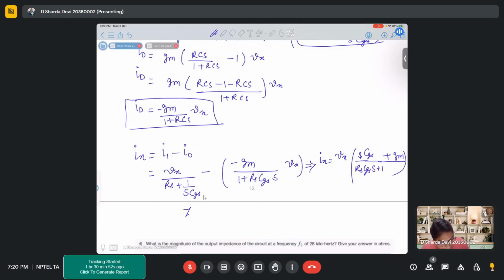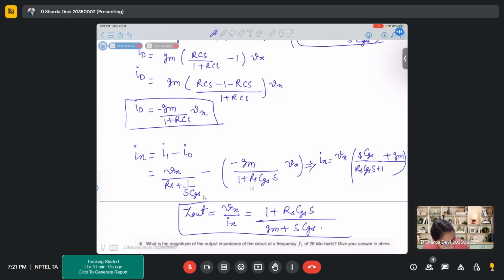So your Zout is Vx upon Ix. So Vx upon Ix will become 1 plus RS CGS s by Gm plus s CGS.